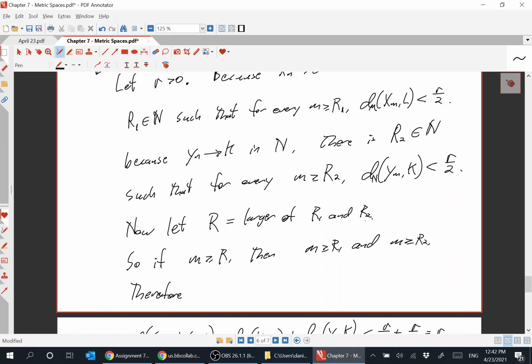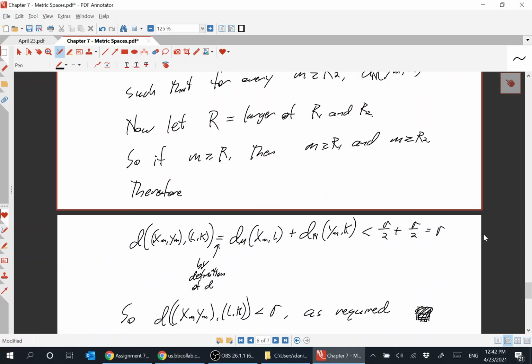Well, because now if m exceeds this natural number, capital R, then m exceeds both R1 and R2. R is just the larger of the two. So anytime you exceed capital R, you exceed both R1 and R2 at the same time.